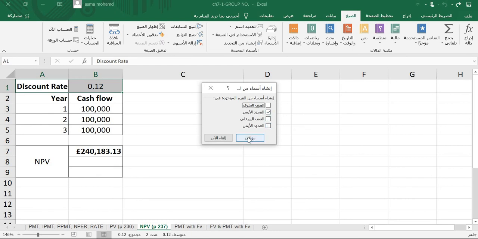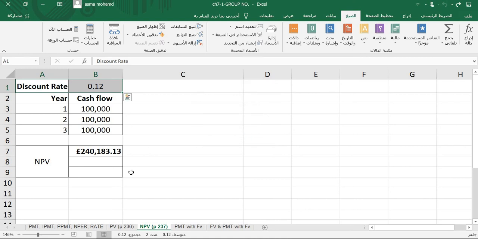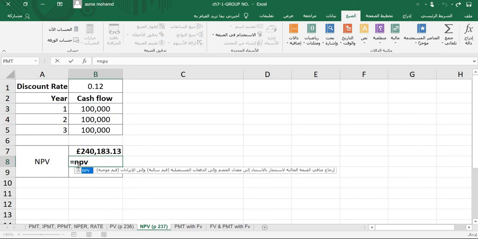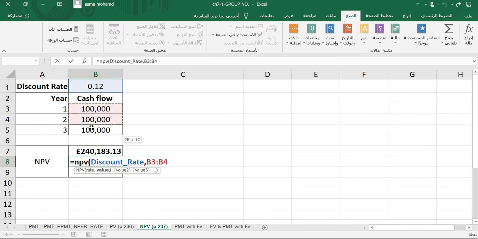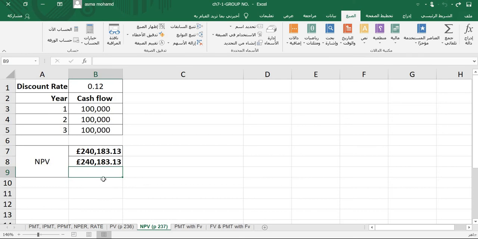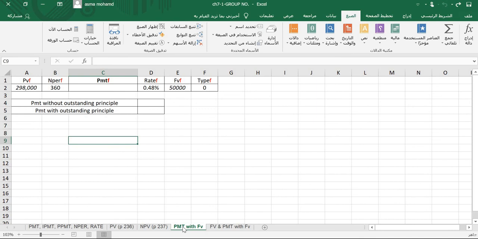So Excel already figured it out. And then if we press here, we see that it's named discount rate, and if we select these 3, we'll set them as cash flow. And see here, if we say NPV and open a parenthesis, select here discount rate and the cash flow. How much are they worth now? They are worth 240,000 riyal.